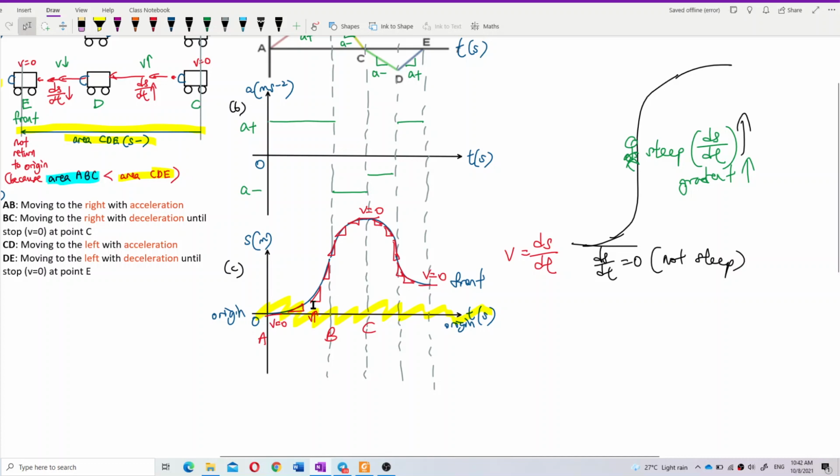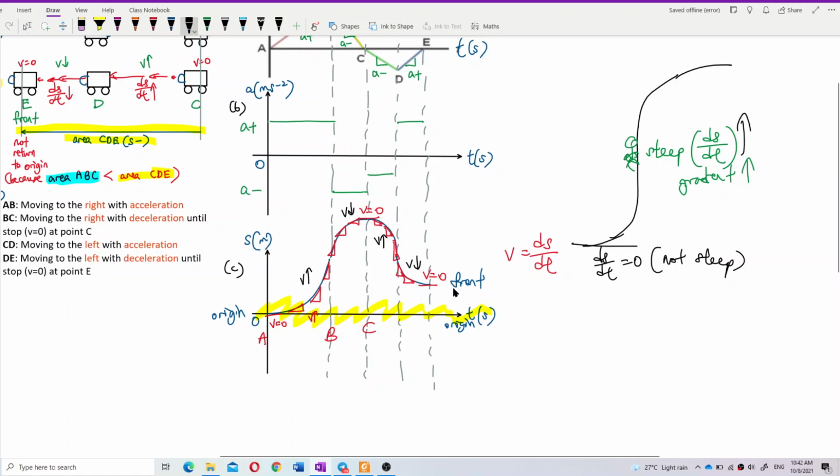So this one gradient increases, gradient decreases. Remember, velocity is the gradient of the displacement graph. This one gradient increases, then decreases back to 0, and then the gradient increases again, and decreases again back to 0.